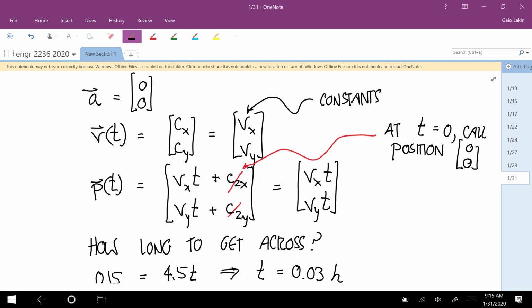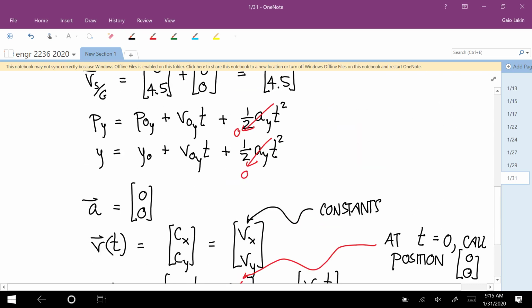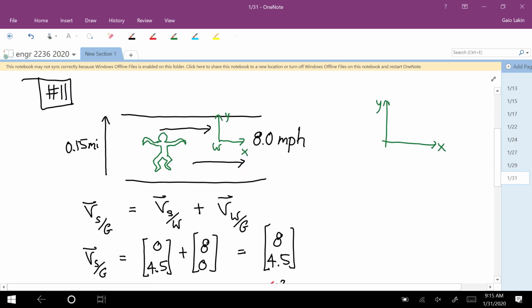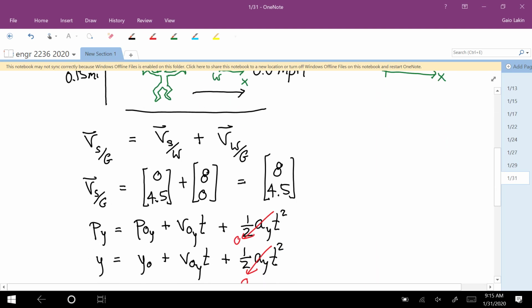Which velocities and accelerations are we attaching these to? Is this the swimmer relative to the ground? The Vx and Vy? Yeah, those are from the relative motion equation. So this is what we know the velocity is during that whole motion. We figured that out from relative motion.